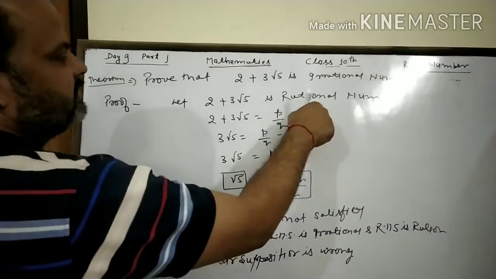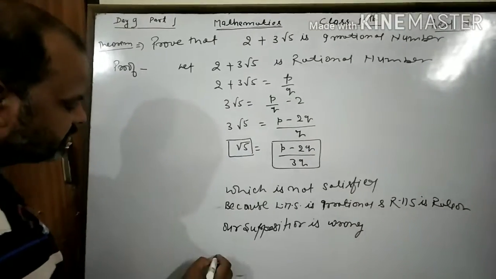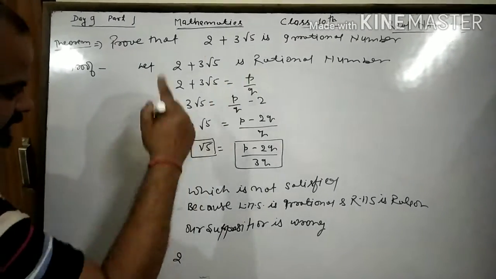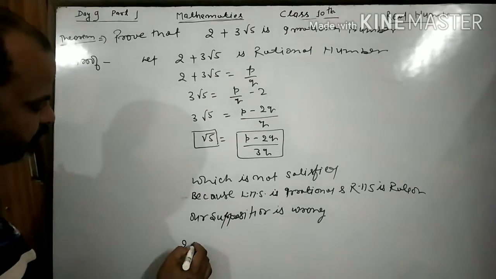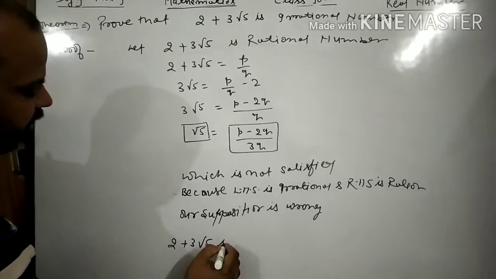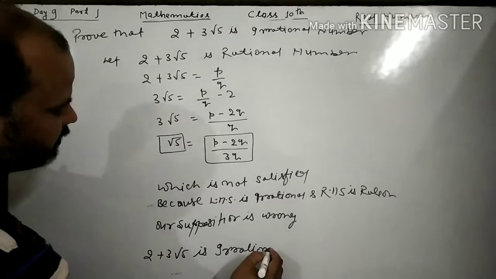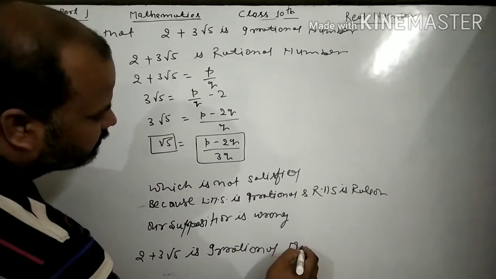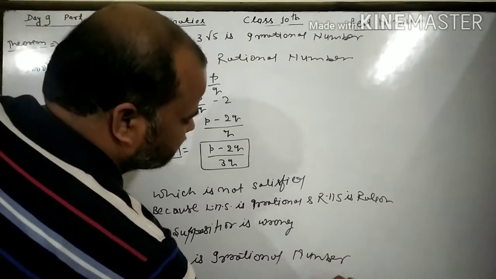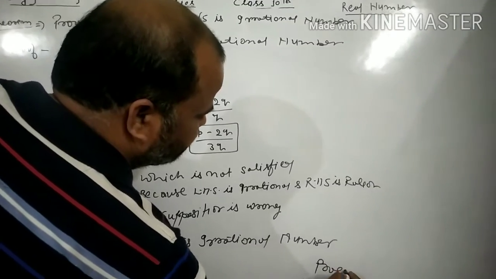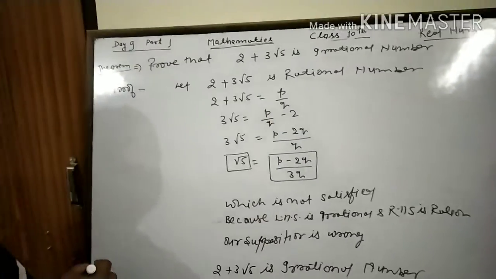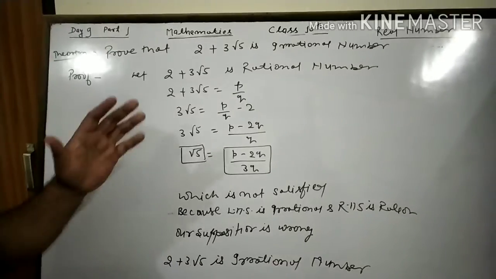That it is a rational number, that means it is wrong. That means 2 plus 3 root 5 is an irrational number.